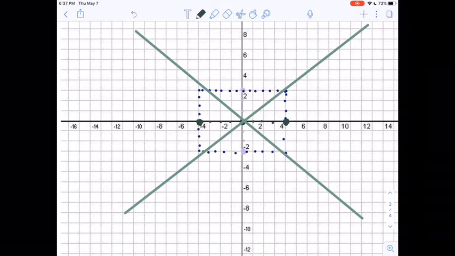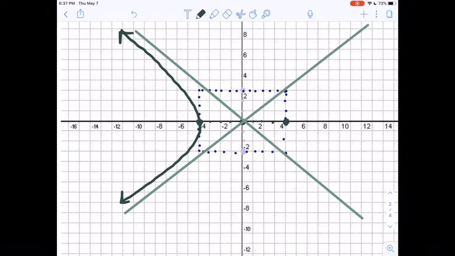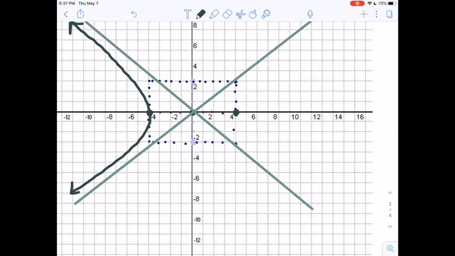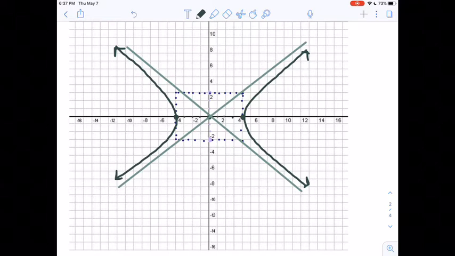So I'm going to draw this hyperbola, or this parabola looking thing, along the asymptote through the vertex, and there's half of my hyperbola, and I'm going to do the same exact thing on the other side. So I'm going to use my asymptote as a guide, and it's going to go through that vertex that I created, draw my arrows, and so the dark green is actually what the hyperbola is.